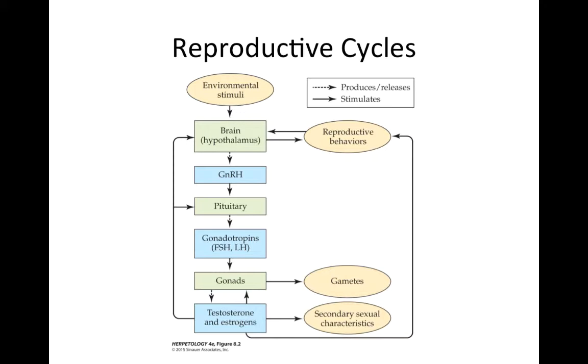And so we can think about this in organisms out there in nature as well as humans, in that we have reproductive cycles. And in the case of amphibians and reptiles, these reproductive cycles are oftentimes triggered by environmental stimuli. These environmental stimuli basically affect our nervous system, our brain, and in the hypothalamus, we produce a series of hormones, in this case gonadotropin-releasing hormone, which then stimulates the pituitary, and then the pituitary produces gonadotropins, either follicle-stimulating hormone or luteinizing hormone or those kinds of things.